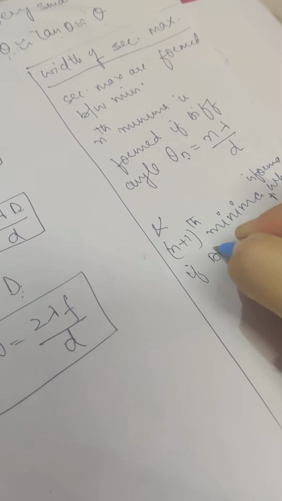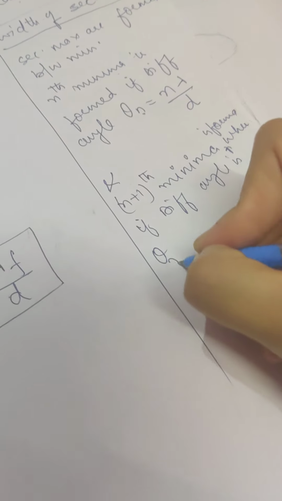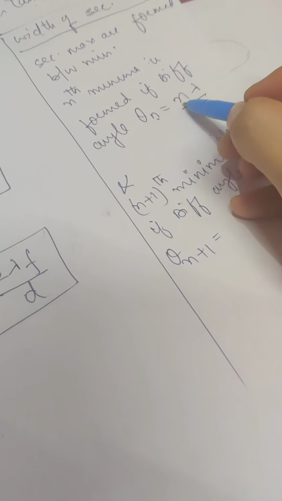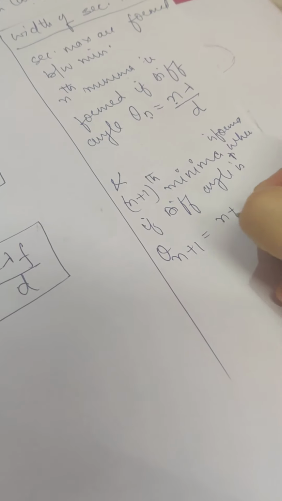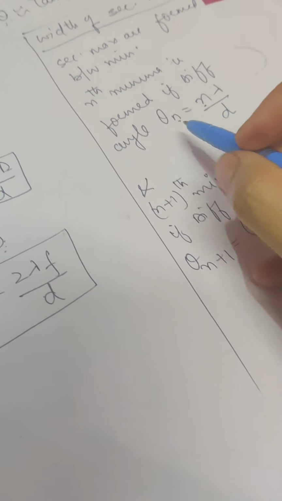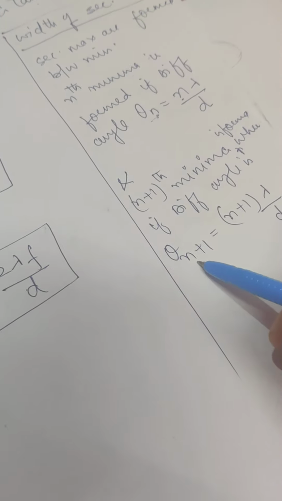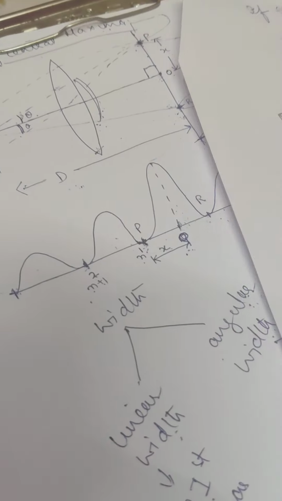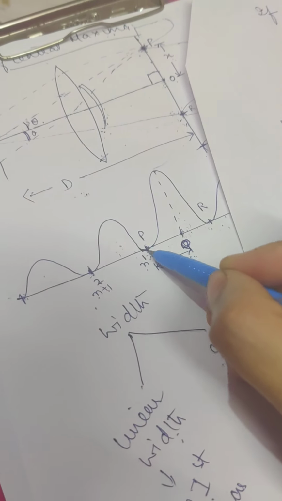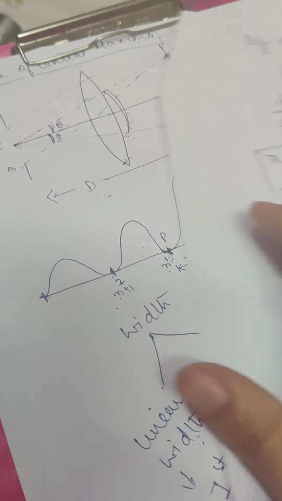If my diffraction angle is theta n plus 1, I simply put the value of n plus 1 here, and it becomes (n plus 1) lambda by d. Okay beta, is it clear? n is like first and n plus 1 is like second. This is my first minima, this is my second minima. I am considering the general case.